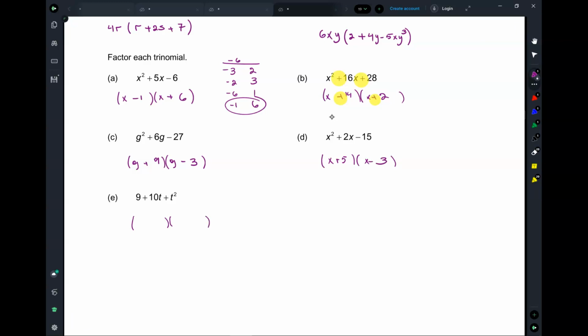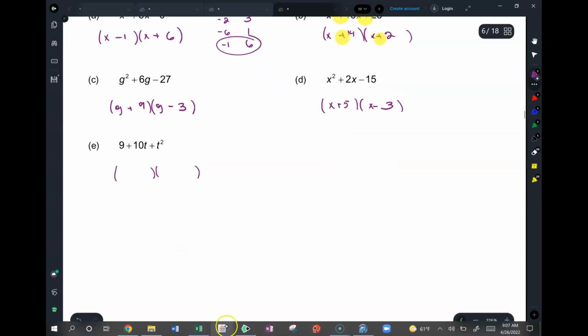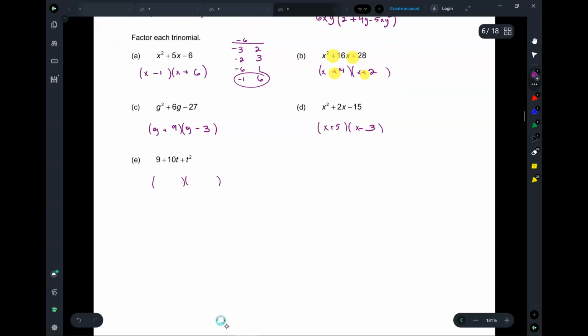It's not in the order that we like to see it, but let's just keep it that way. I know it's uncomfortable, but it's okay. How do we get 9 and 10? 9 and 1 plus t. Does that work? Yes.